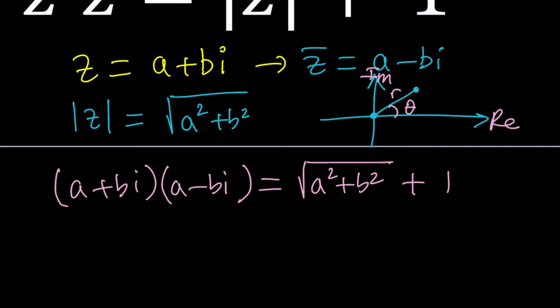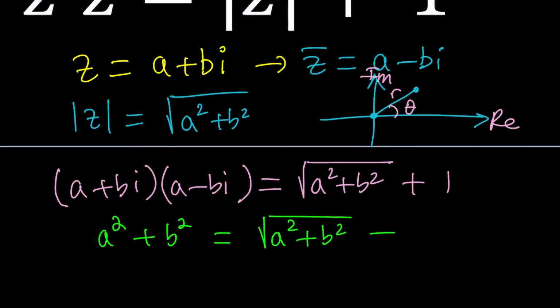And if you haven't seen complex numbers before, you can go ahead and check out the lecture videos, and I'll talk about all these things in those videos. When you multiply two conjugates, you're going to get a sum of two squares, not a difference. And that's going to be a squared plus b squared. But notice that we also have the same thing on the right-hand side, sort of square rooted. So we can go ahead and do something about it.